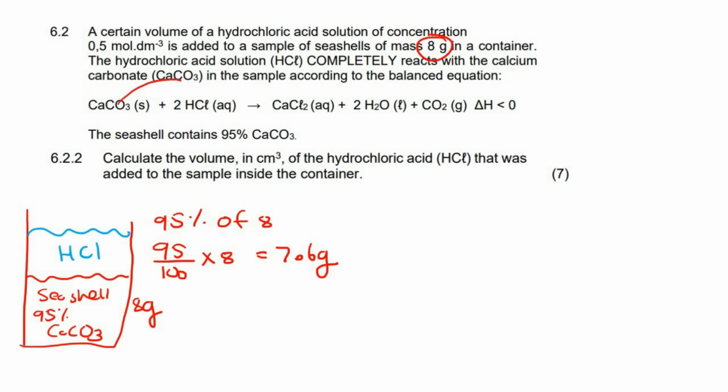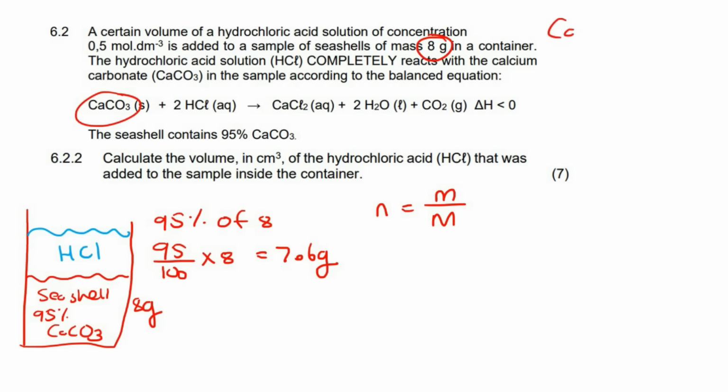Once we have the mole ratio, we can get the moles of HCl. We also know what the concentration of the HCl is. When you have moles and you have concentration, then you can work out volume. It's not that bad. So we say n equals m over M, so we can get the moles of CaCO3. Now we need a periodic table, or I'll just help you out quickly.